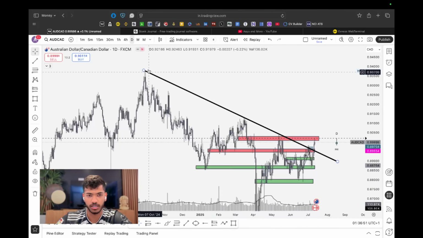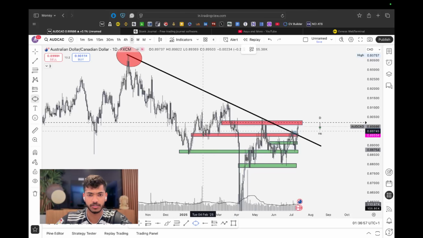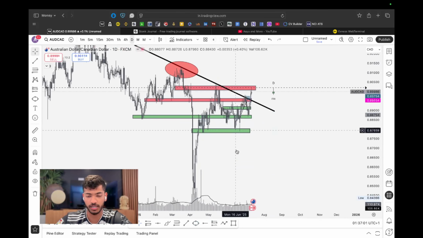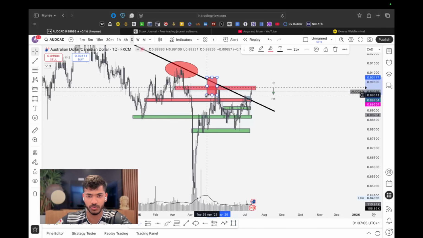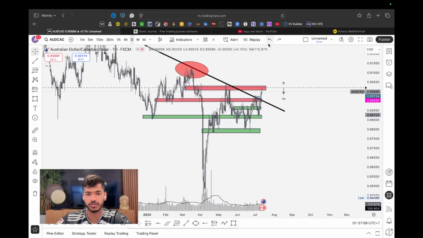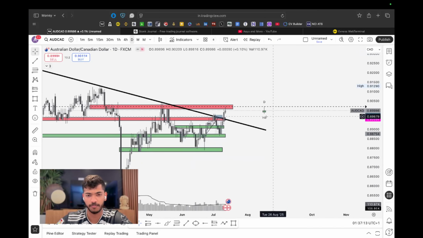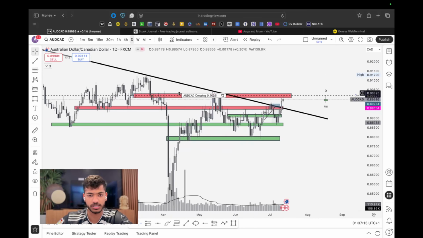It touched here, and it fell, and this is where it again touched and it fell again, and this is the third and fourth time where it touched. So I had 3 or 4 confirmations for this trade on the counter trend line, and there was a resistance here, but price never touched this.